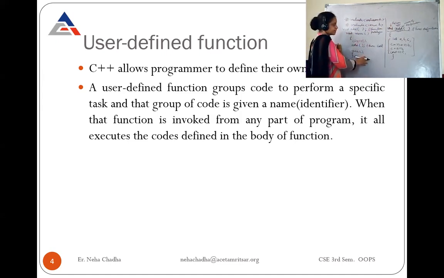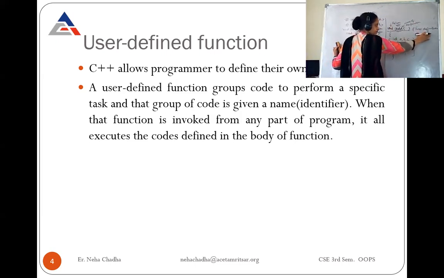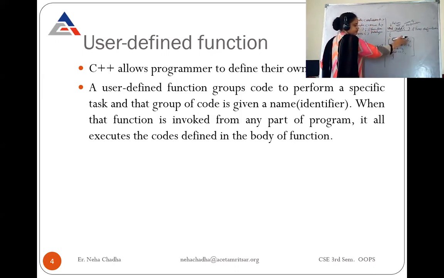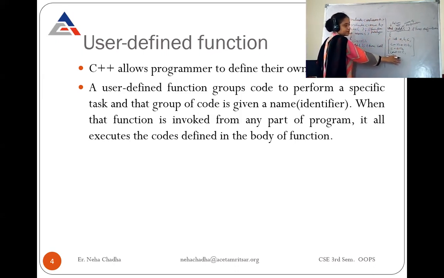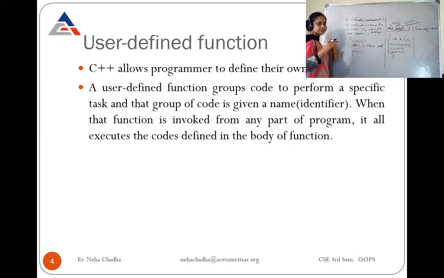But one function should contain three parts. First is the function definition. In the function definition, what will a function perform? A function will perform sum in this example. Then I said the function must contain one prototype, this is the function prototype. Then you have to call the function.